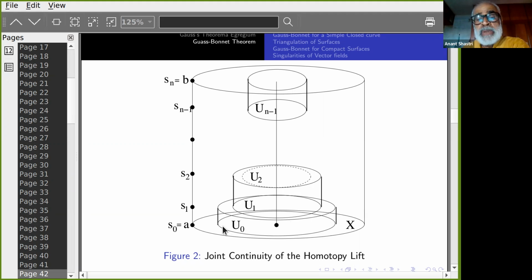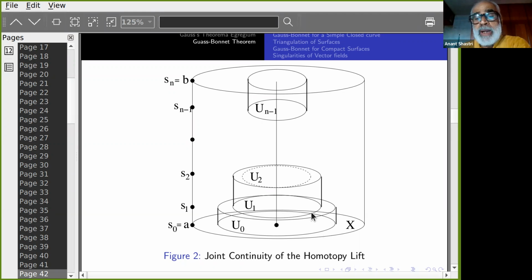How do we do that? Start with the function here being continuous. We choose a neighborhood appropriately so that on S0 to S1, the function will be continuous. Then, knowing that the function restricted to S1 is continuous, choose a smaller neighborhood so that on S1 it is continuous.